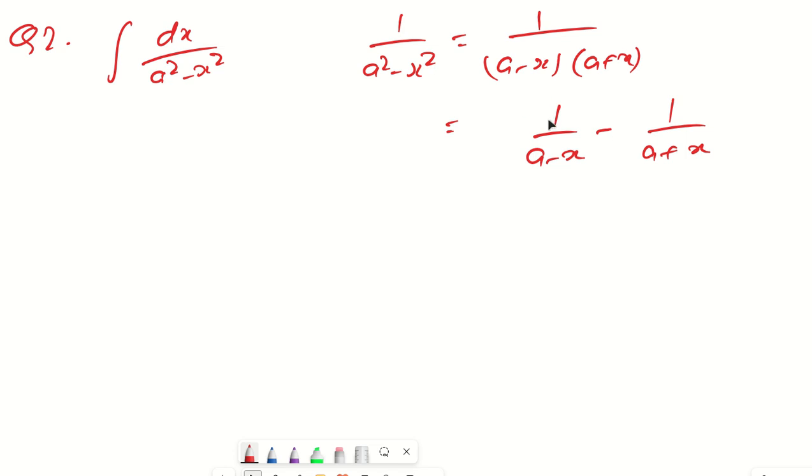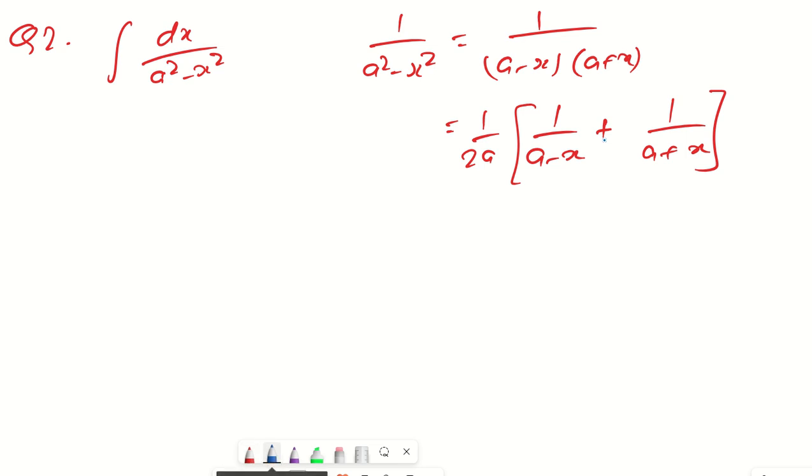Here it will be a plus x minus of, it will be a minus minus x. So instead of that minus I have to get rid of x term, right? So I'll just add it. So what will happen? A plus x here and a minus x here. So 2a is coming extra, so I will divide it by 1 by 2a. Or you can directly do it by partial fraction if you are not able to understand here directly.